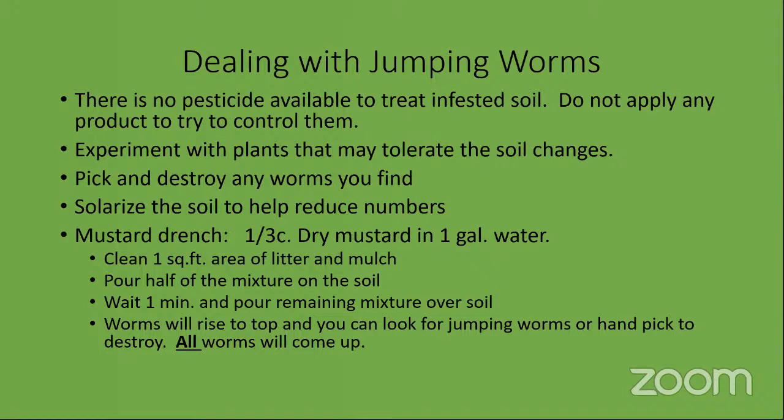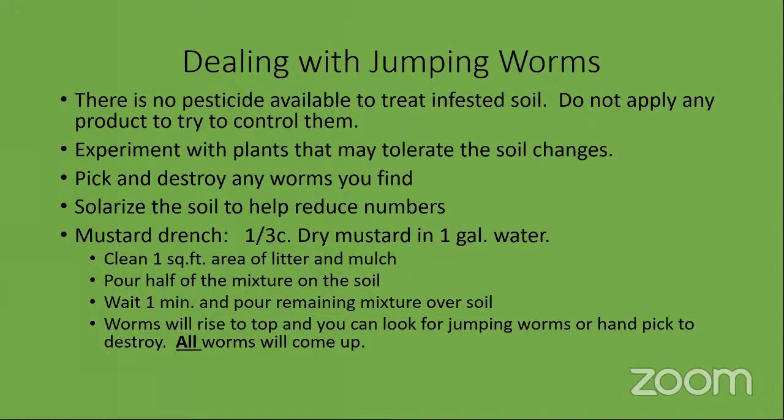So they're interested to know if you have them and you've got plants that are doing well in an area where the worms are. They would be very interested in knowing what kind of plants you're planting there, so that they can let others know that this plant works in a soil that's invaded by the jumping worms. If you have them and you see them, pick and destroy them.